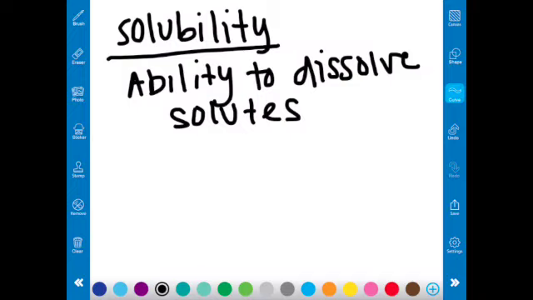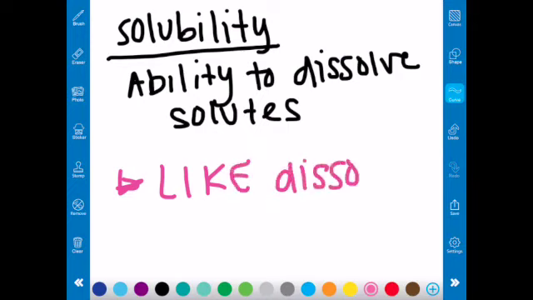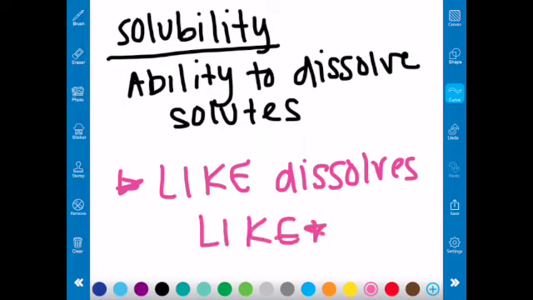So water's polarity means that it will also dissolve polar molecules. So an important thing to remember here is the phrase, like dissolves like. This is important to remember because water will only dissolve polar molecules, right?